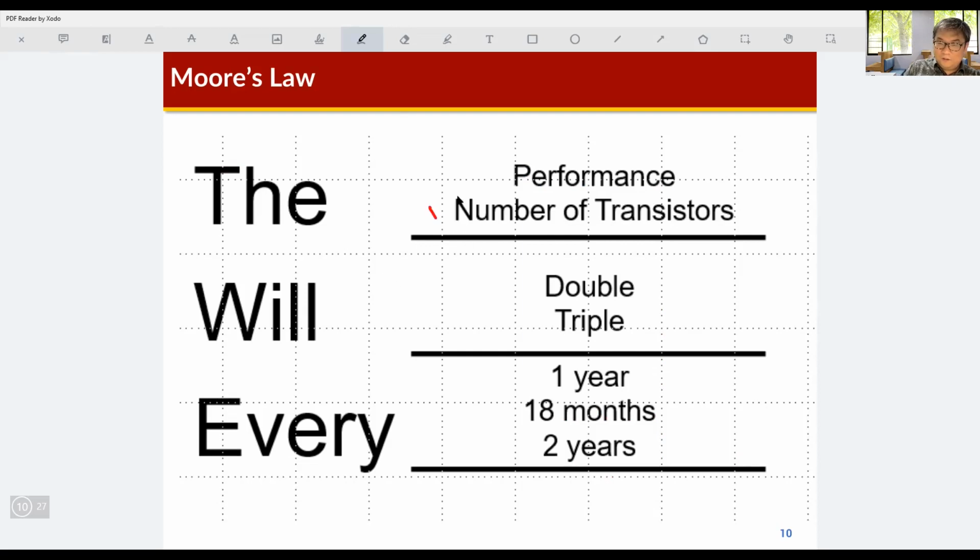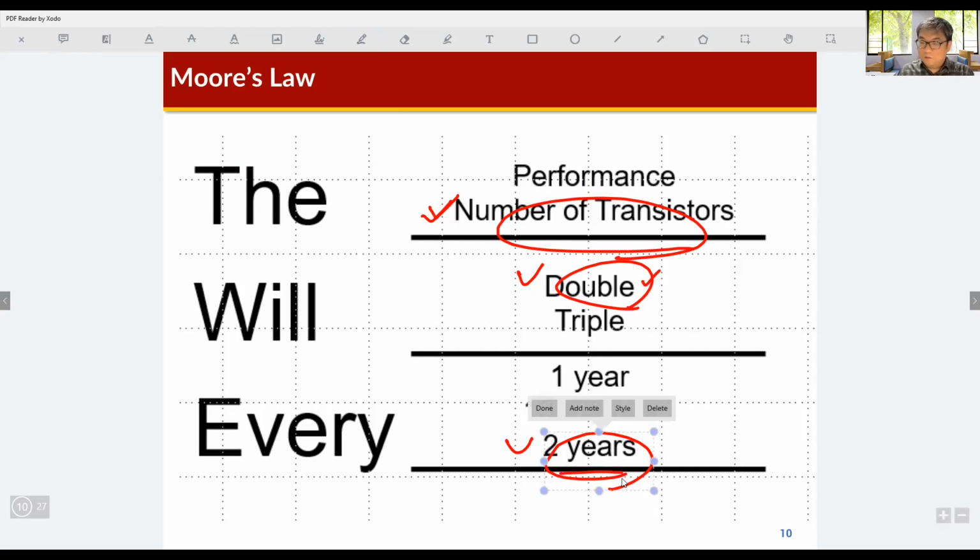So what is Moore's law? The number of transistors will double every 2 years. So this is Moore's law. The number of transistors in a single CPU chip or in a single processor chip will double every 2 years.